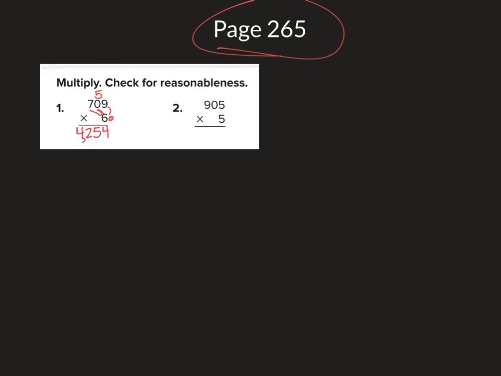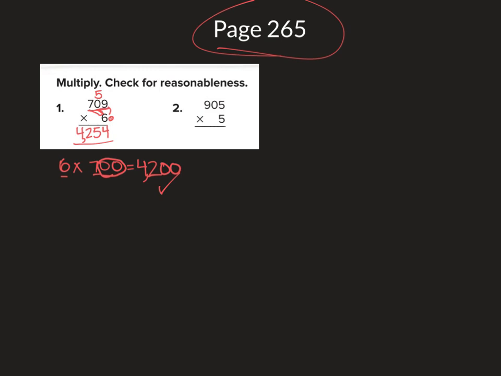Okay, so we're going to keep 6 the same. 709 is close to 700. 6 times 7 is 42, 2 zeros, 4,200. And our actual is 4,254. So that checks out. Check.